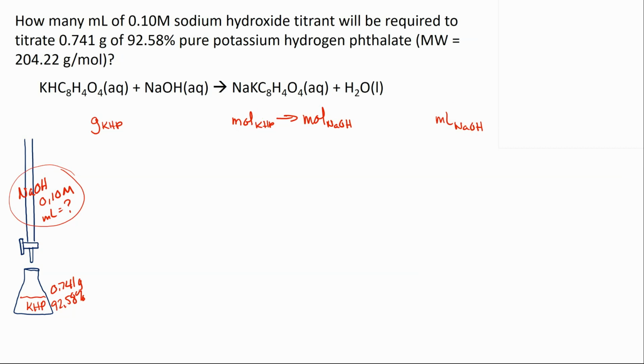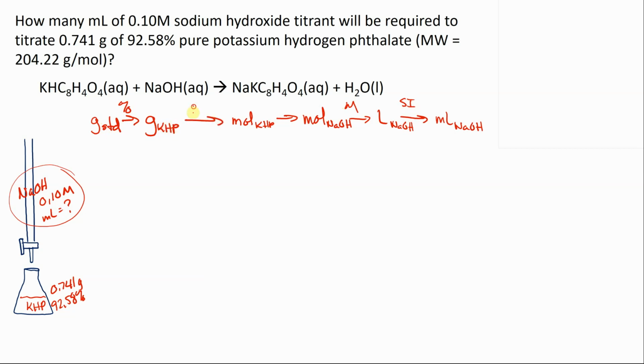And on the right we have a typical solution stoichiometry setup. We'll go through liters using the molarity, and then SI prefixes to go from liters to milliliters. And on this other side, we need to be careful. I put grams of KHP. I shouldn't have. This is grams of standard, which we need to use the percent purity to go to grams of KHP.